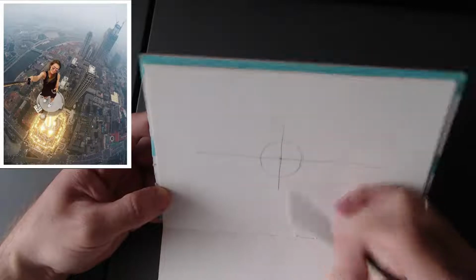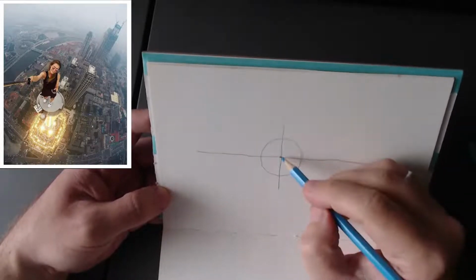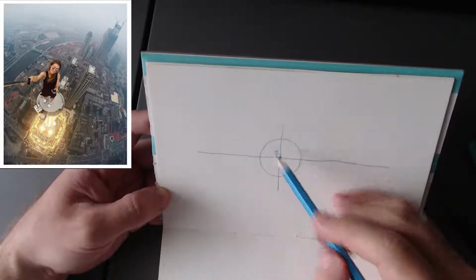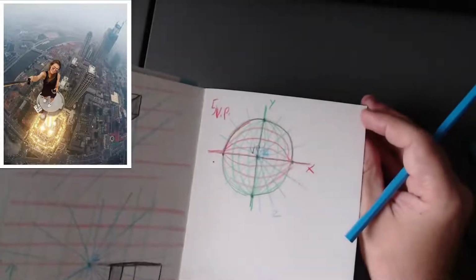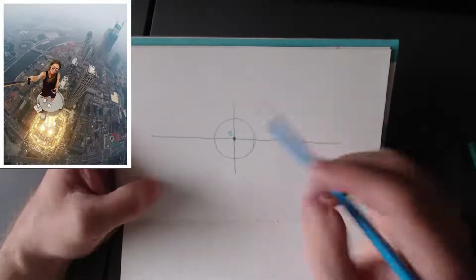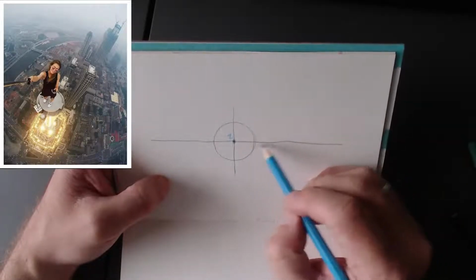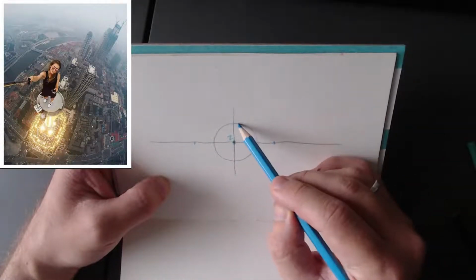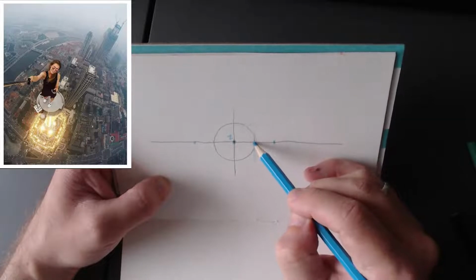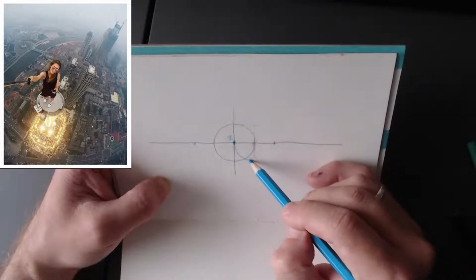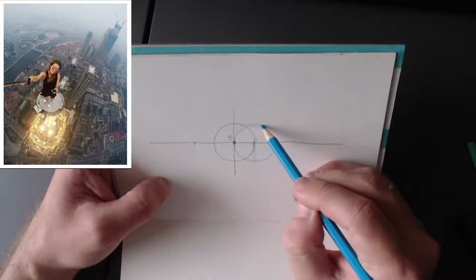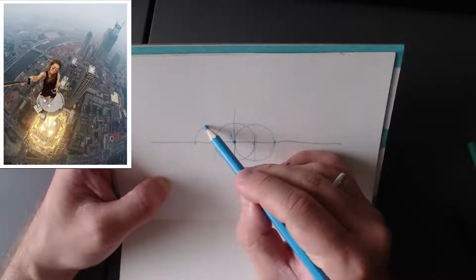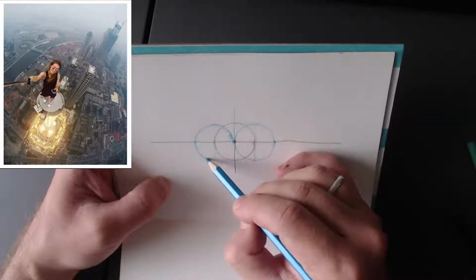So this line will represent the vanishing point, and instead of drawing straight lines like we did in the 5-point perspective, here we will draw two more spheres, which will be like this. So you see they kind of grow from the middle of each other. So we have this and this.